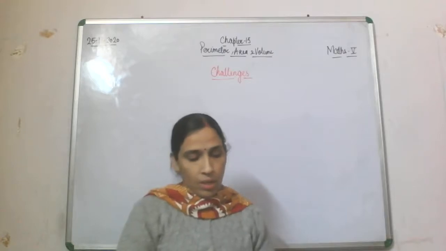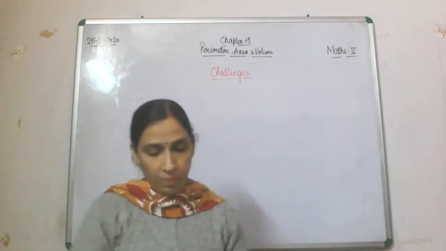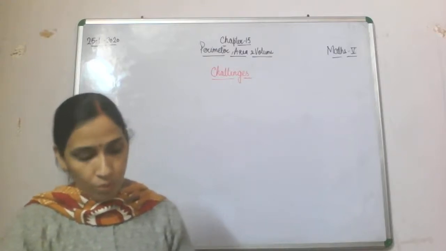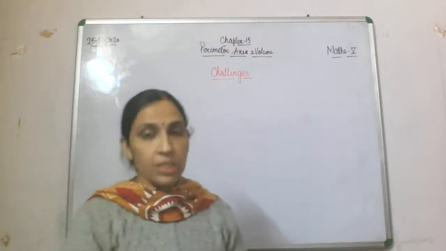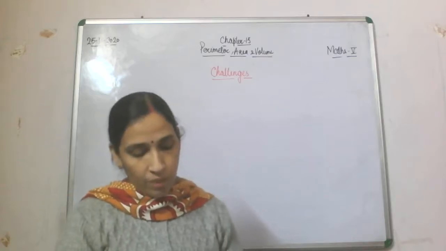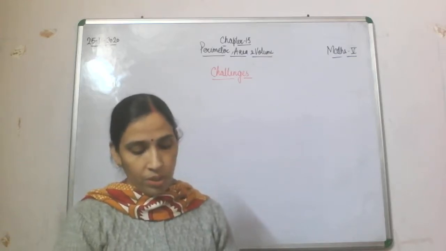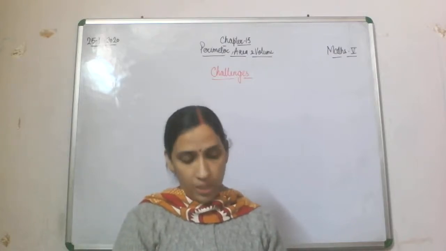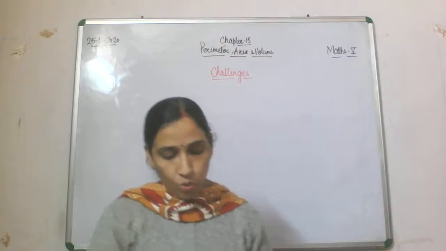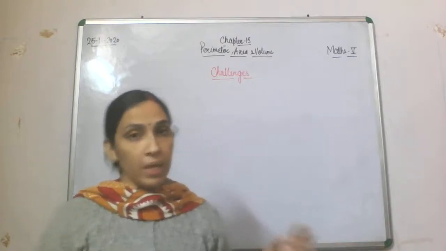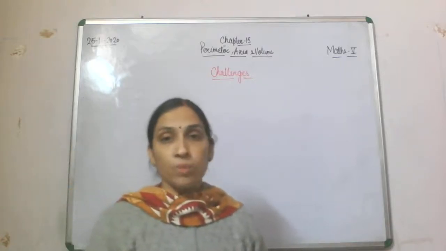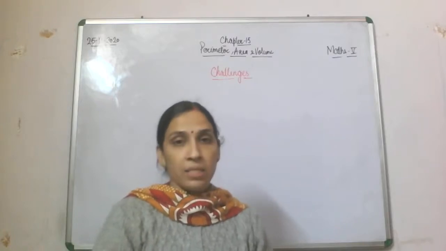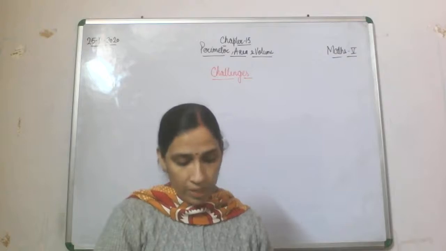Now, next question: what will be the volume of the cube made with 24 such matchsticks? The volume will be 1 cubic centimeter only, because if you are using 24 matchsticks, the volume will not be increased.